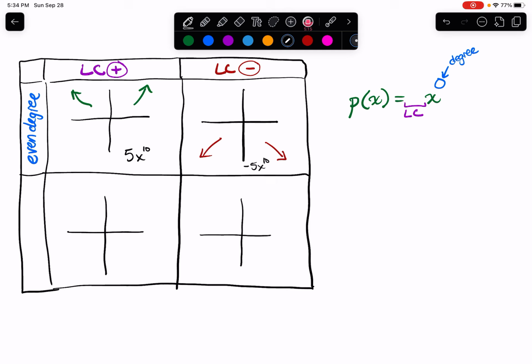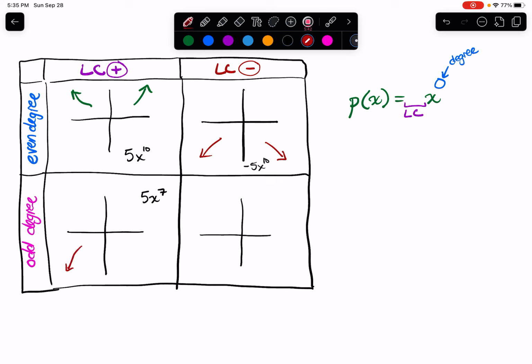If the degree is odd, then the end behavior on the left and the right side will not match. So if the degree is odd and our leading coefficient is positive, let's say, for instance, we have 5x to the 7th. Now my degree is odd, but I still have a positive leading coefficient.